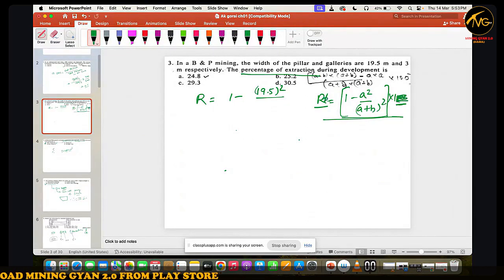If it is not, it will not come. He asked us the percentage of extraction.